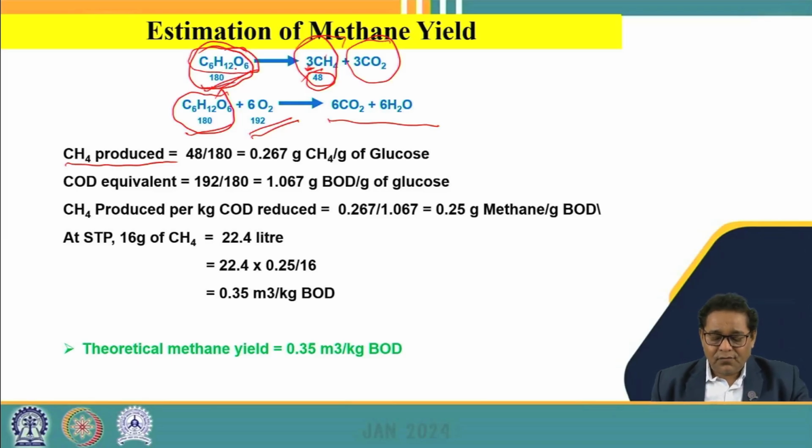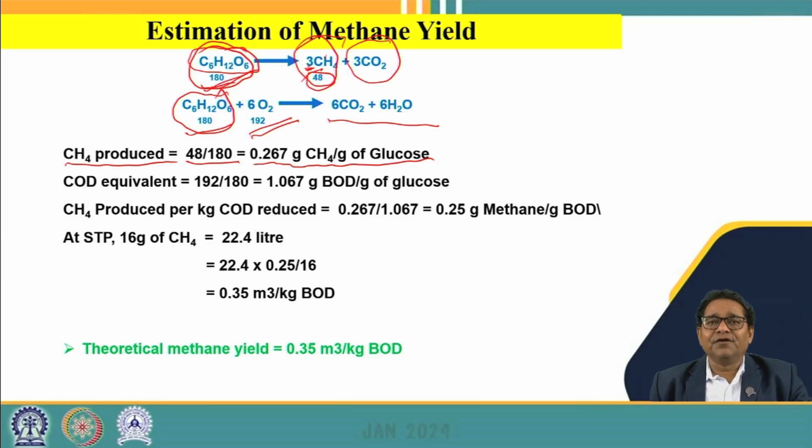So 180 gram of glucose will produce 48 gram of methane. To get the methane produced per gram of glucose, we divide the amount of methane generated by the weight of glucose. So this comes around 0.267 gram of methane per gram of glucose digested.